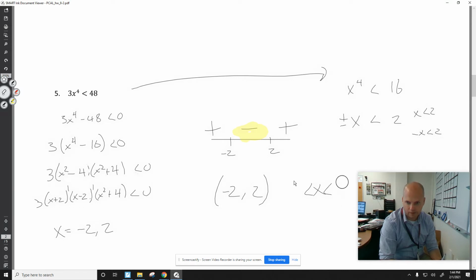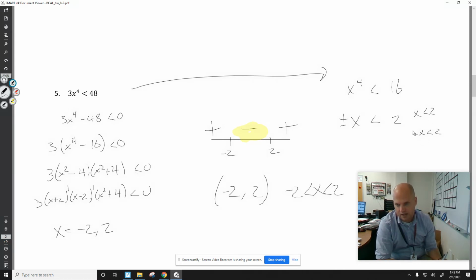Okay, but let me show you how you do it the other way. Okay, I divided by 3. I take the 4th root. It's an even power, so I need a plus or minus. The plus or minus really should be staying over here on the left side. It's not that the fourth root of 16 is plus or minus 2. The fourth root of 16 is positive 2. It's the fact that the original value could have been positive or negative. That's why it should be over here. Giving us two inequalities.